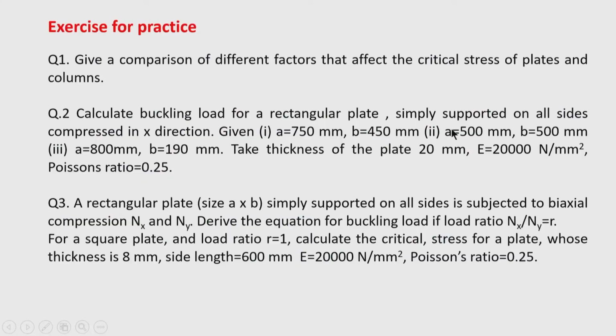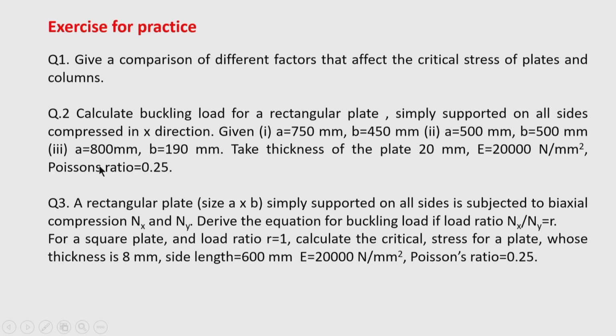One thing we can see is that in the second case, A is 500 mm and B is 500 mm, so the A by B ratio is 1, that means the aspect ratio is 1. For any integer aspect ratio, we have found that the critical stress coefficient is 4. So here we can use the coefficient 4.